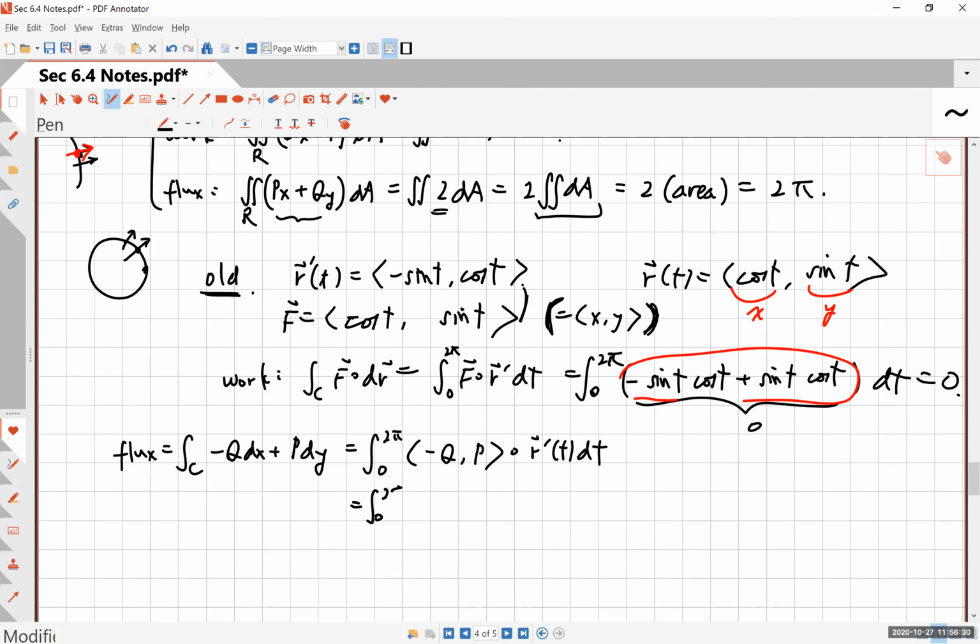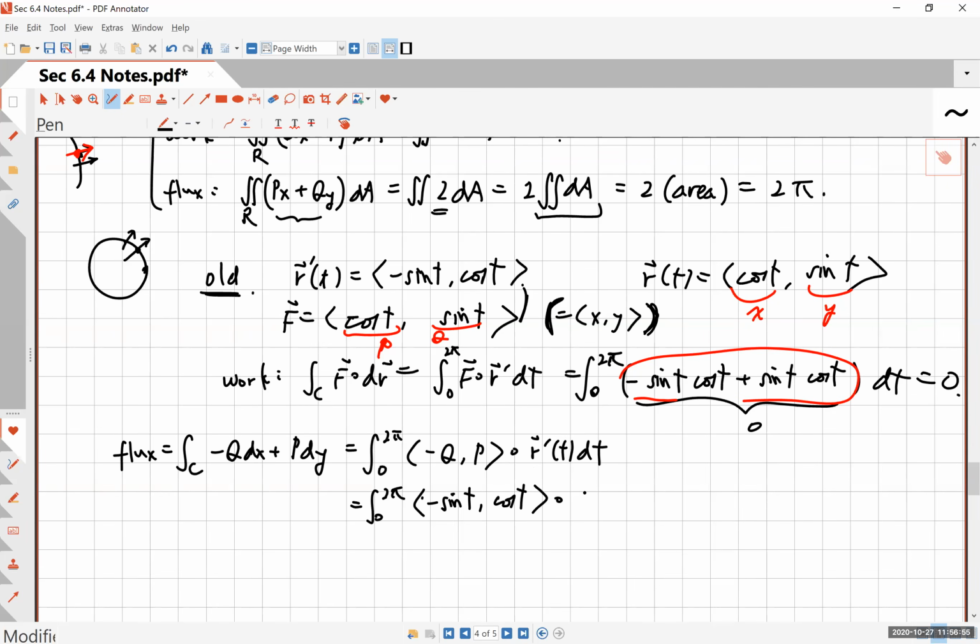Okay, so what is negative q? Here, let's go ahead and write this. This is the P, and this is the Q, going back to the original vector field. And so negative Q is negative sine t, and P is cosine of t.